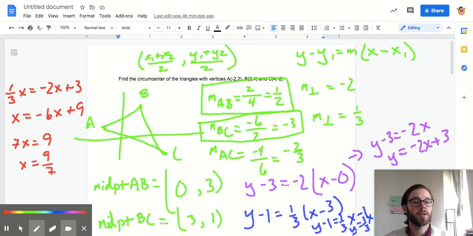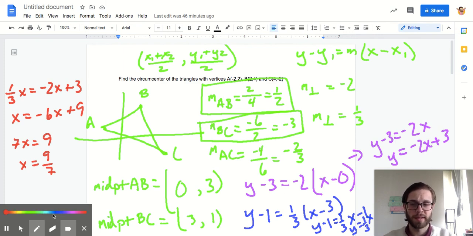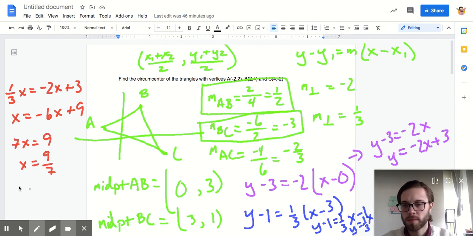Okay, which, looking at it, you feel like that shouldn't be right, but it's actually not going to be terrible because when I plug it back into this equation, you could plug it into the other one as well, but when I plug it into this one, the 9 is going to simplify with the 3, so it actually won't be as bad as it looks. So when I plug it back into this equation, I'd get y equals 1/3 times 9/7.